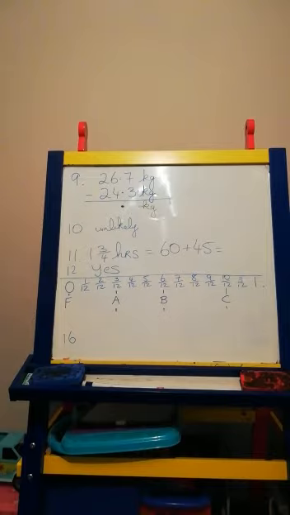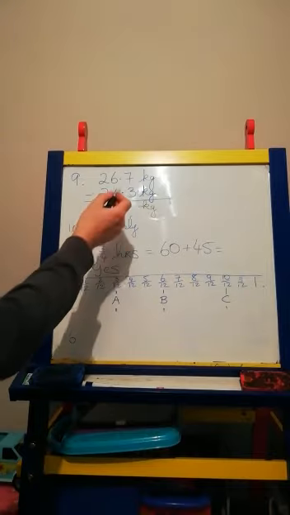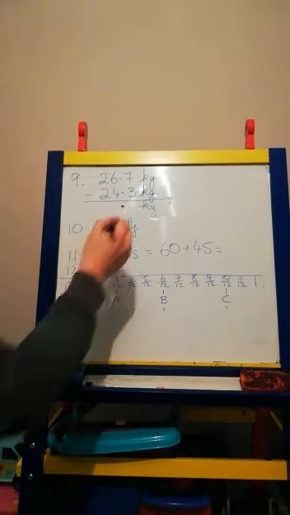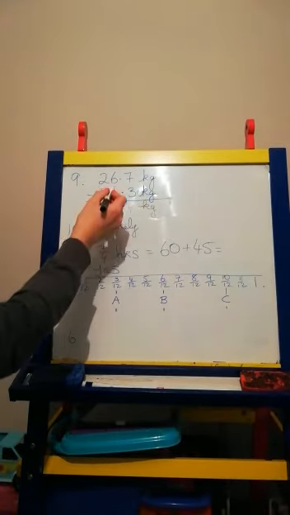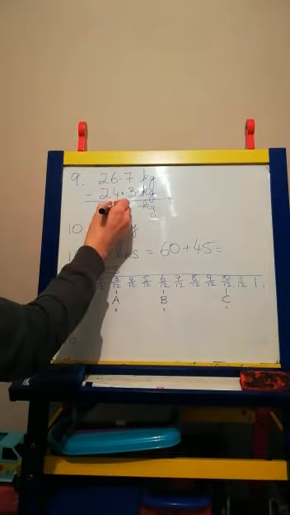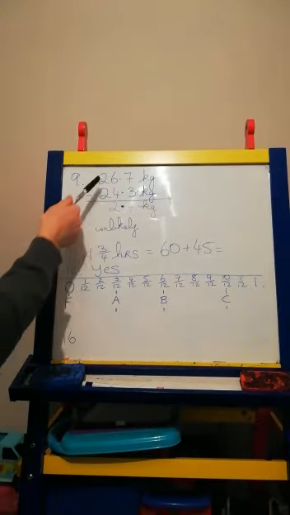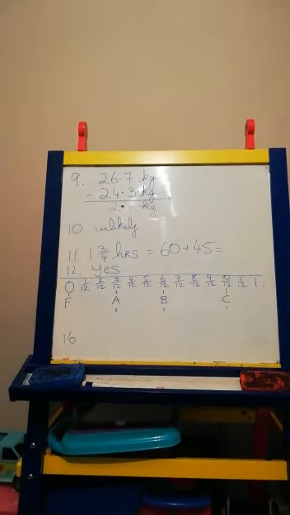So let's start subtracting away here. 7 take away 3 is of course 4. 6 take away 4 is 2. And 2 take 2 is 0, so I don't have to put anything in there. So my answer here is 2.4 kilograms. In other words, the smaller weight is lighter by 2.4 kilos.